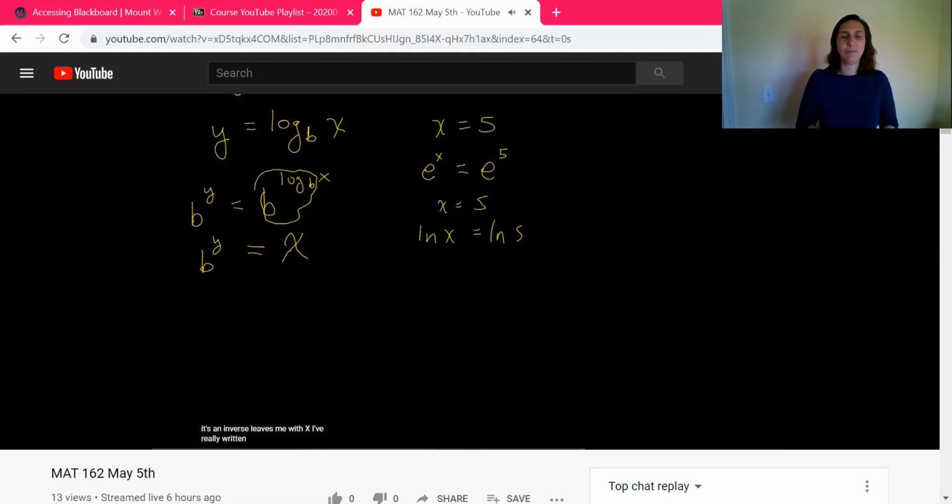I've really written my logarithm in what we're going to call exponential form for the logarithm. So I'm going back to the rules that we have for logarithms. The rules are on page 458 of your textbook for the logarithm rules that we're using.